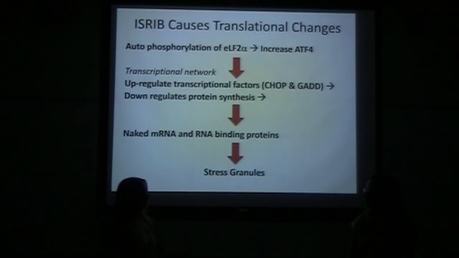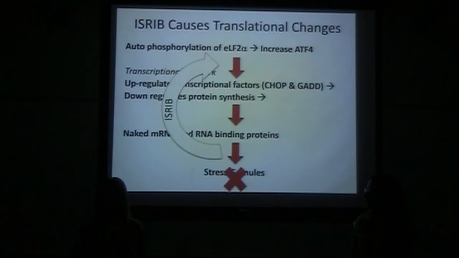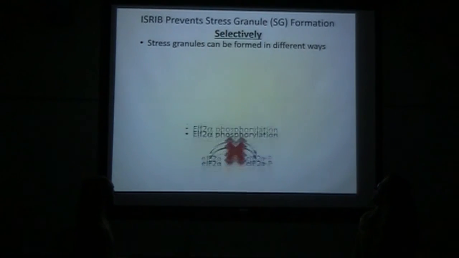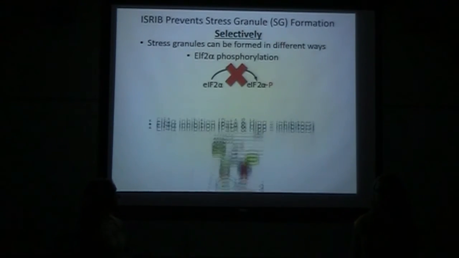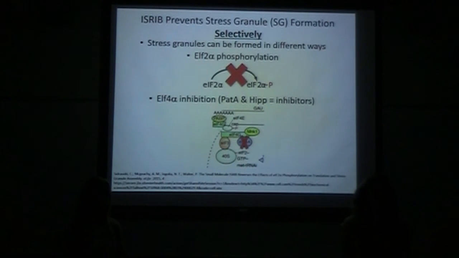So therefore, their next question is they wanted to see what can prevent these stress granules from being formed by inhibiting and looking at the effects of your eIF2 alpha phosphorylation. Okay, so they looked at two different ways in which stress granules can be formed to see if it's eIF2 alpha phosphorylation dependent or independent.